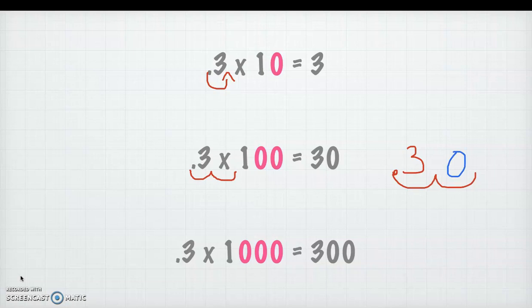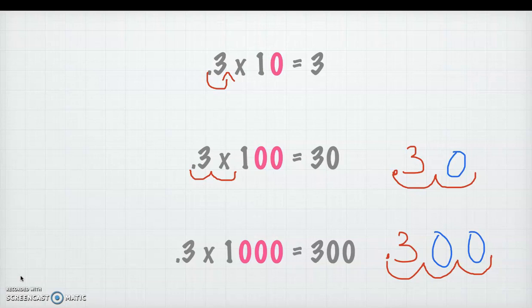Let's look at the last one, 0.3 times 1,000. 1,000 has 3 zeros. So what I'm going to do is move the decimal point 3 times to the right this time, because 1,000 has 3 zeros. I'm going to move that decimal point, 1, 2, and 3. As you can see, I do have 2 empty spaces. I'm going to annex 2 zeros in those empty spaces. And my final answer is 300.